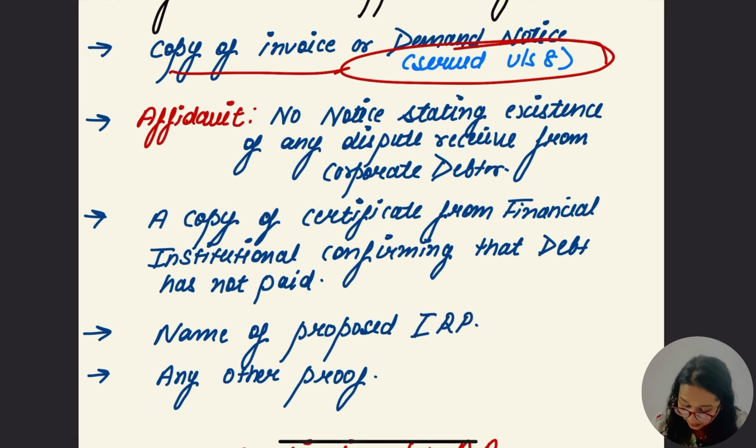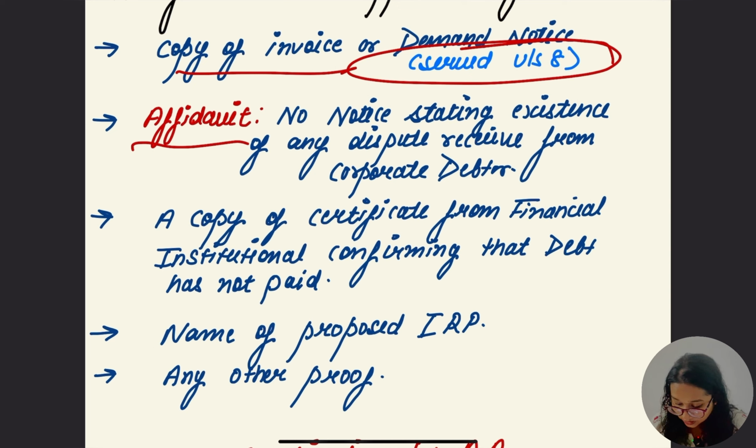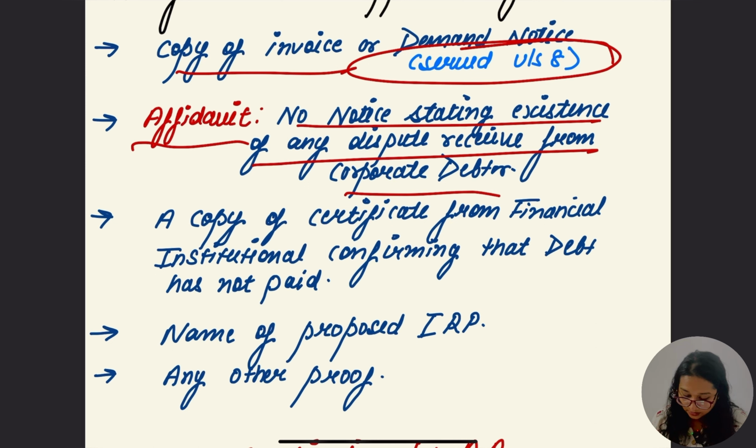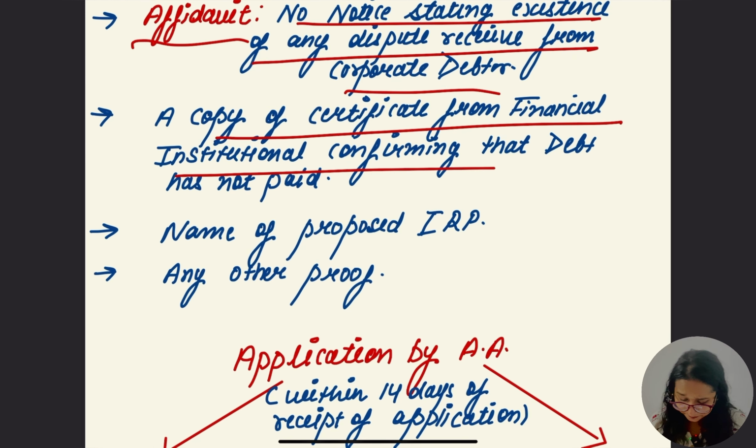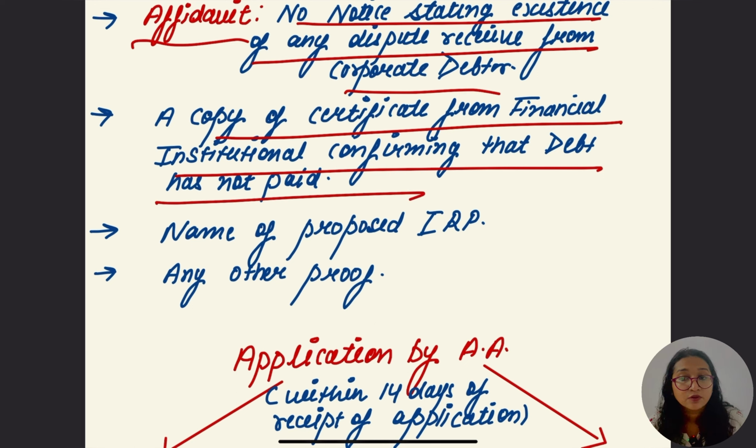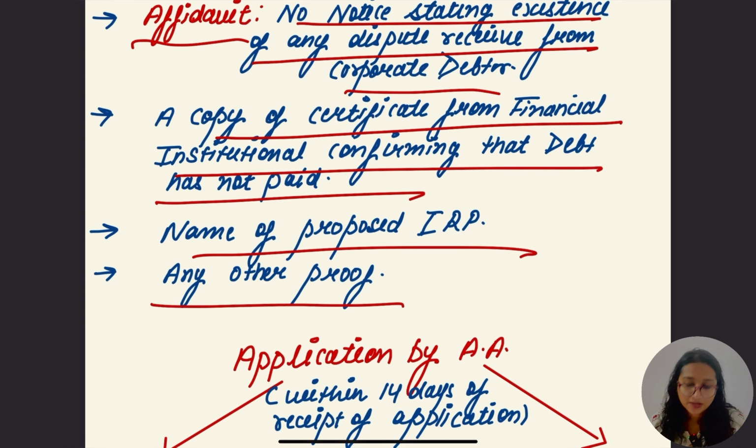Second, affidavit that no notice stating existence of any dispute was received from the corporate debtor. Third, a copy of certificate from the financial institution confirming that the debt has not actually been paid by the corporate debtor to the operational creditor. Name of proposed IRP, insolvency resolution professional, or any other proof which is actually asked by the board.